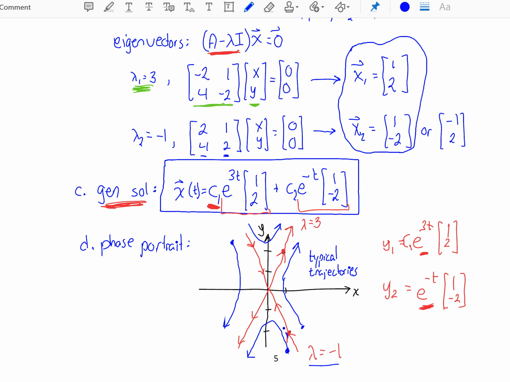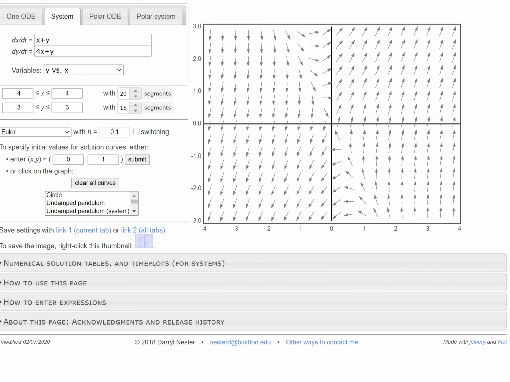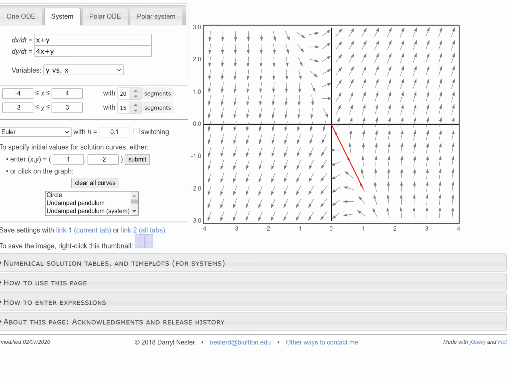And maybe a point that lives on this line would be the point 1, -2. So let's enter the ordered pair 1, -2. Or if you want to make this line a little further, maybe multiply it by 2 and call it 2, -4.